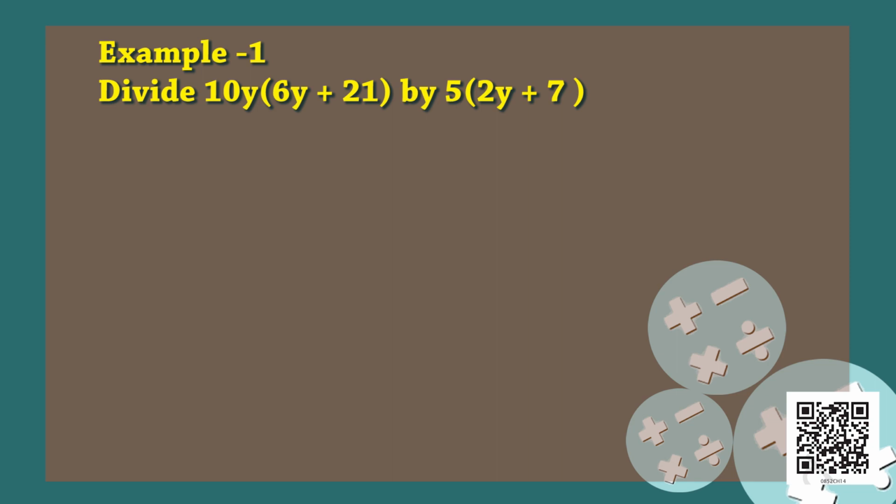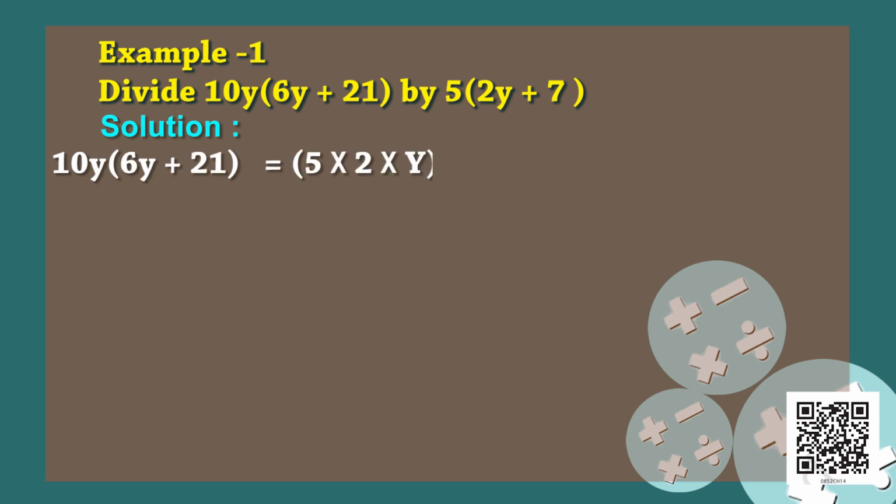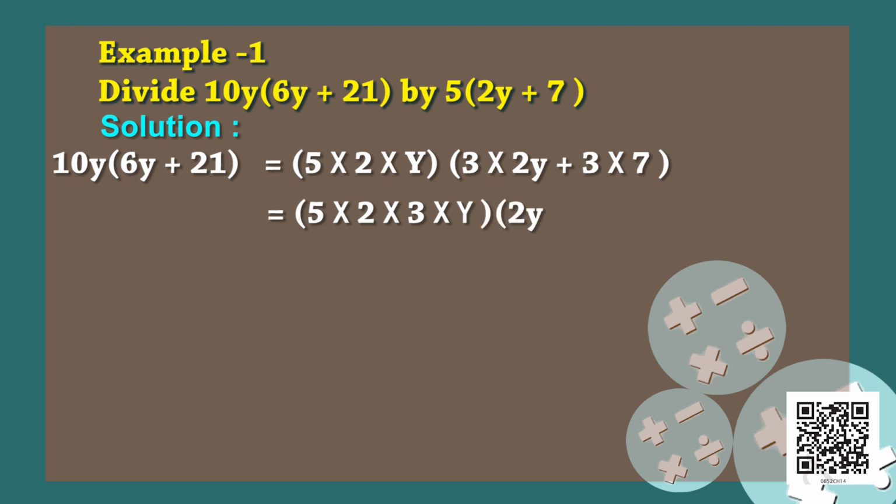First look at the first term. 10y into (6y plus 21) is equal to 5 into 2 into y into 3 into (2y plus 7), by taking 3 as a common factor in the bracket term. So we get 5 into 2 into 3 into y into (2y plus 7). Therefore, we are left with 5 into (2y plus 7) into 2 into 3 into y.